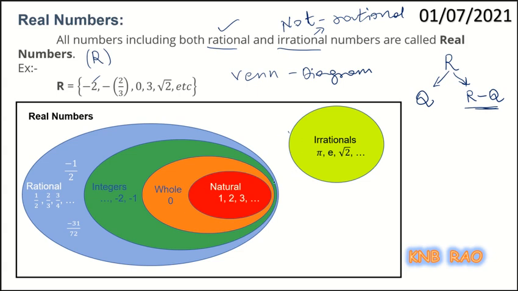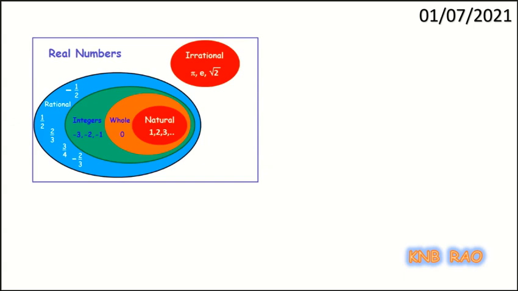Now, don't ask me, sir, is there anything other than rationals and irrationals here? No, I am showing you these two together, called real numbers. So, no element is outside of these two figures. Now, here is the real number set.